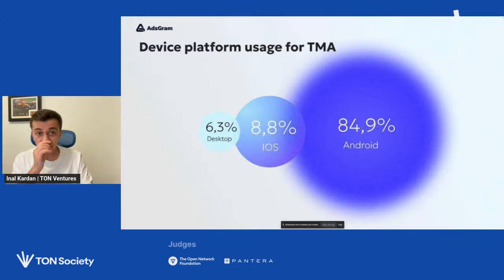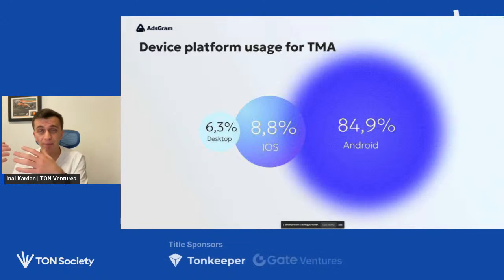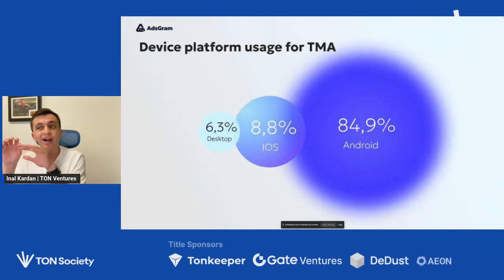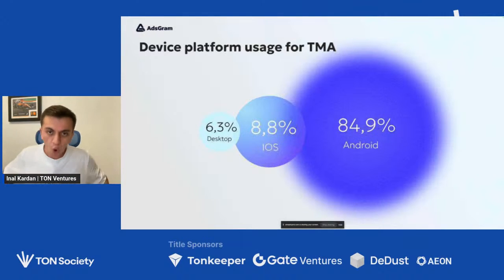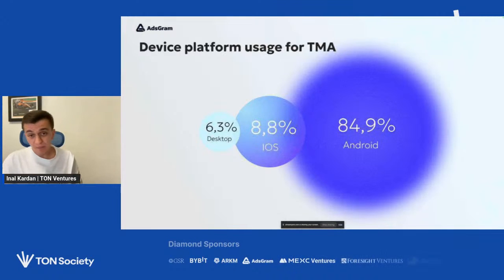Yeah, device platform. This is again data from AdsGram, and data from, for example, TON Foundation for applications taking part in the Open League is a bit different. So you have to keep in mind this is not for the whole Telegram, but for AdsGram, for example, platforms are Android 85%, iOS almost 9%, and desktop a bit over 6%. This is quite close to what TON Foundation has based on the data from the Open League.